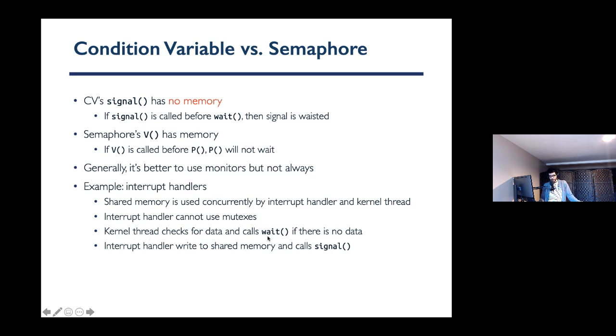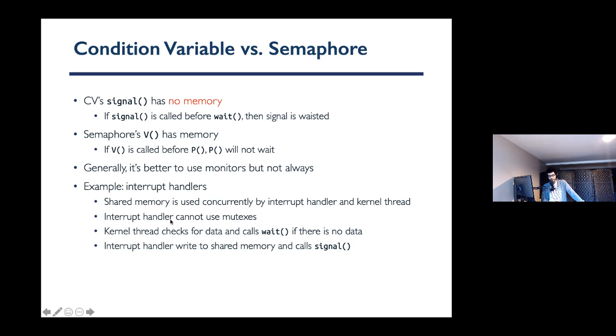However, if this kernel thread hasn't yet been added to the queue, let's say an interrupt happened, and before we actually put this kernel thread to sleep, the interrupt handler is invoked, and then it signals. Now what happens? This signal gets lost because nobody's waiting for it. So this signal will be lost, and then this kernel thread will go to sleep while the data is actually ready, and it could have gone and used it.